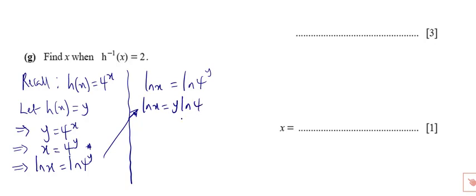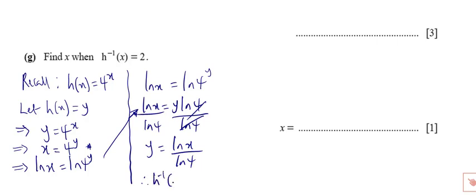Remember, we are looking for variable y, so we divide both sides by ln 4. So y equals ln x divided by ln 4. So therefore h inverse of x is the same as ln x divided by ln 4.